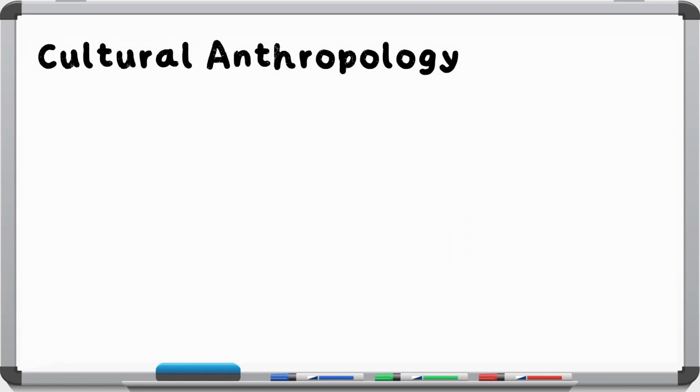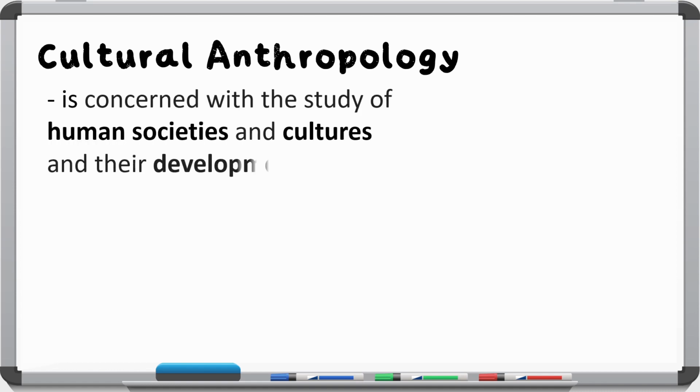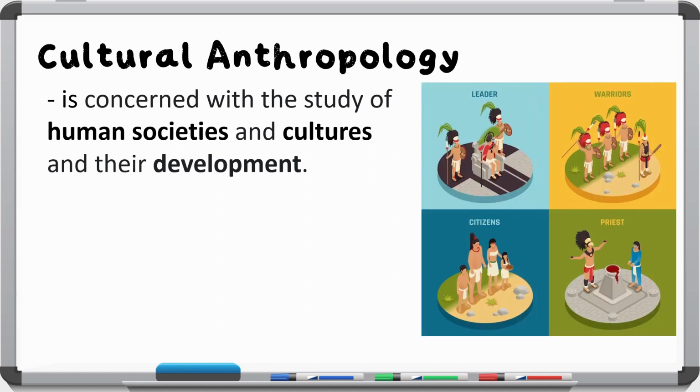While cultural anthropology is concerned with the study of human societies and cultures and their development. From the word itself, cultural anthropology also studies human beings, but focuses on society and cultures.